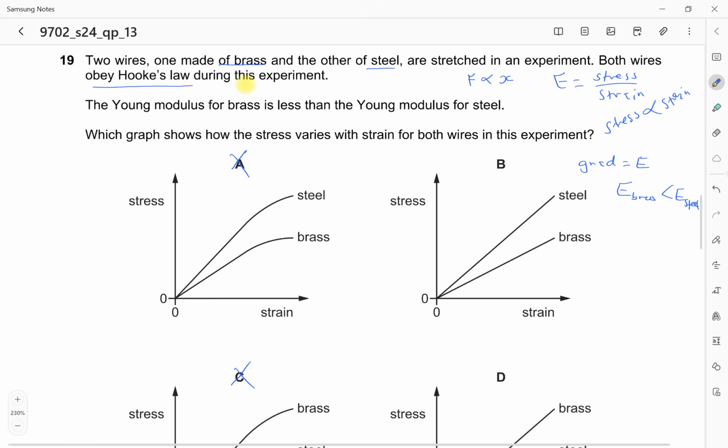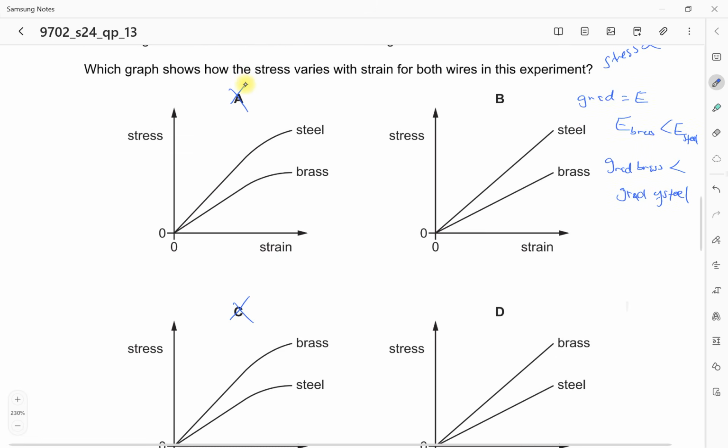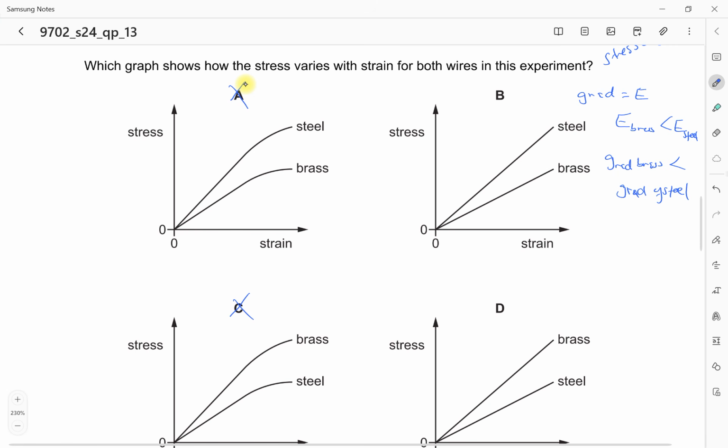So that means the gradient of brass should be less than the gradient of steel, because the Young modulus of brass is less than the Young modulus for steel. So it means the line for brass should be below that of steel to show that the gradient is less. So when you look at B and D, the answer is going to be B because for B, the line for brass is below, which shows a lower gradient compared to the line for steel.